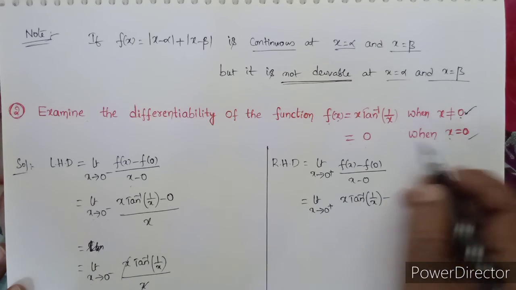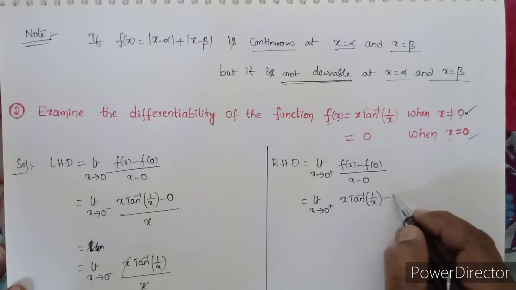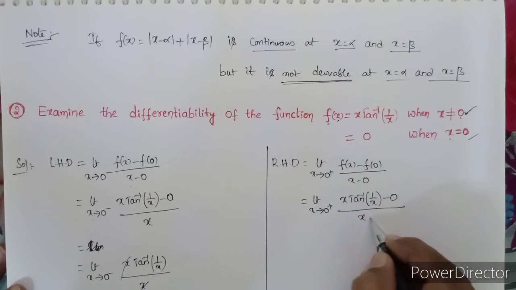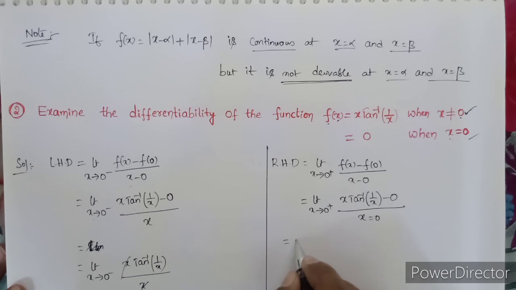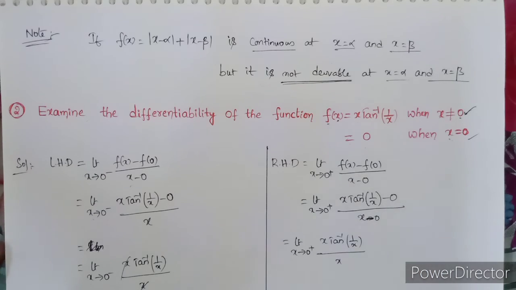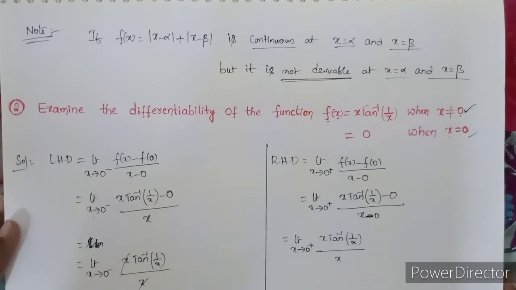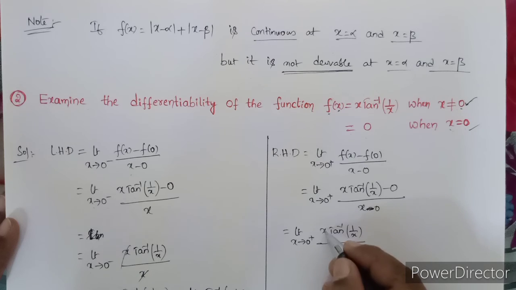Putting x equal to 0 here, f of 0 is 0, by x minus 0. Limit x tends to 0 plus x into tan inverse of 1 by x by x. Cancel x.